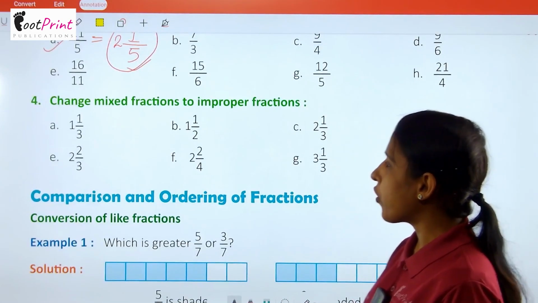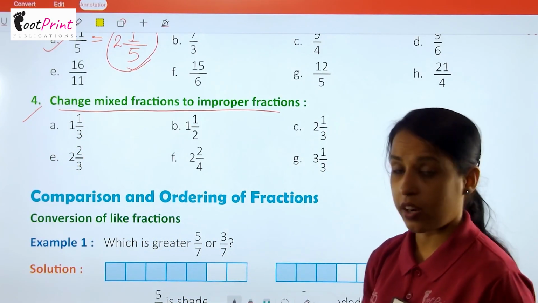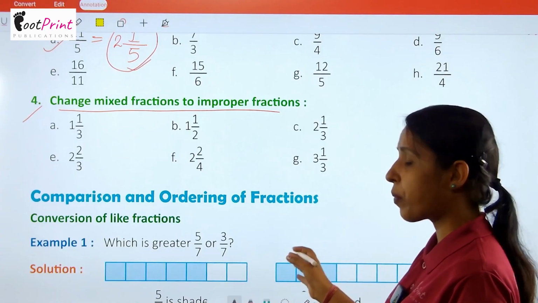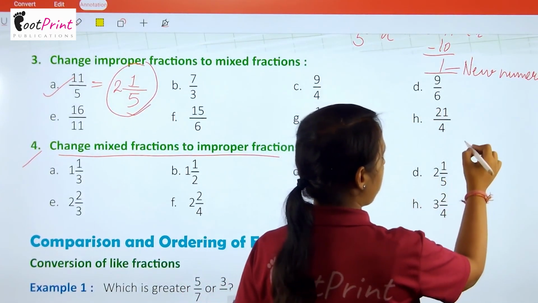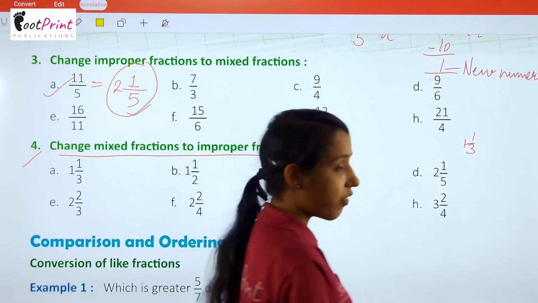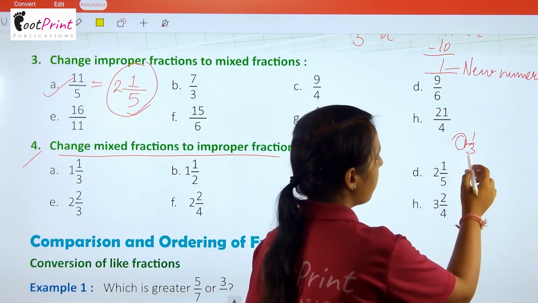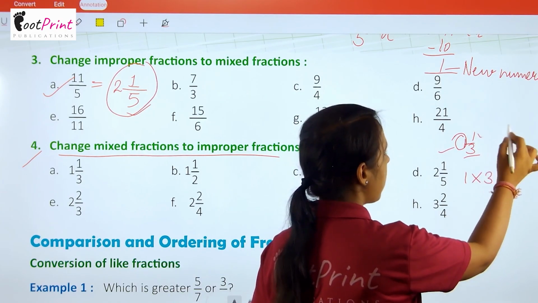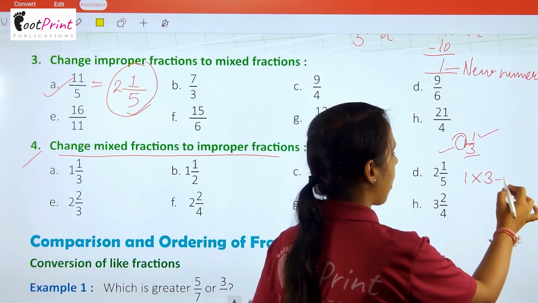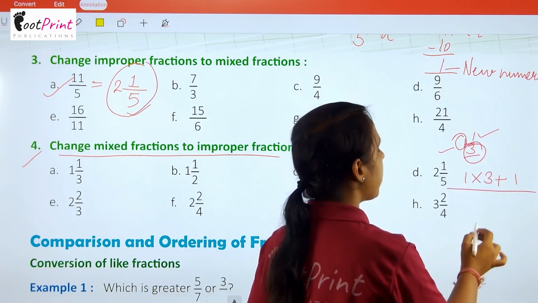Now move to the next question, that is change mixed fraction into improper fraction. And how do we change mixed fraction to improper fraction? Let's solve. Here 1 whole 1 by 3 is given, and we know that first we have to multiply our whole number to denominator. So 1 into 3, and then add our new numerator 1, and denominator will be the same.